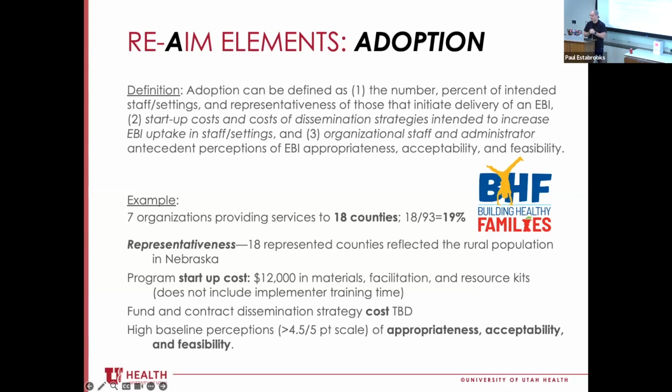It's a real number that a community needs to consider in the adoption decision-making process. And then we're still working on costing out things like our fund and contract strategy. And then you can see here the high baseline perceptions of the intervention itself from the perspective of the community implementation teams was high, with scores of greater than 4.5 out of 5 on a 5-point scale.